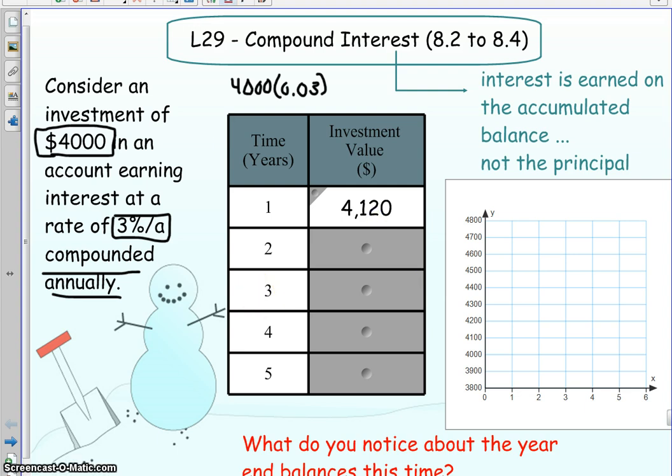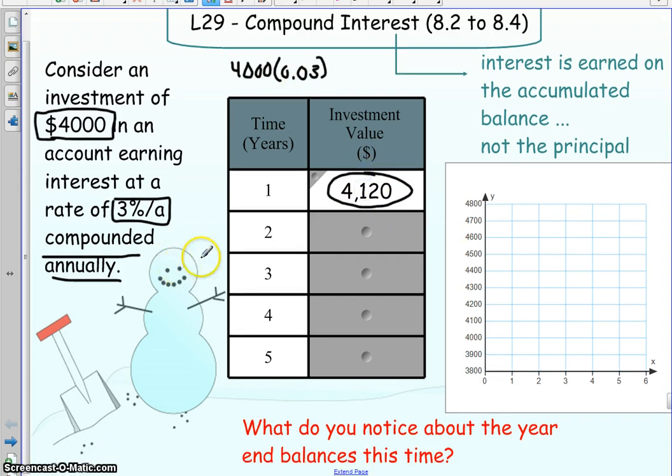and we have a total investment value of $4,120. Now, for the next year, the interest is calculated not on the original 4,000, but on the 4,120. So for year 2, our interest is going to be 4,120 times 3%. When we calculate that, we get $123.60.